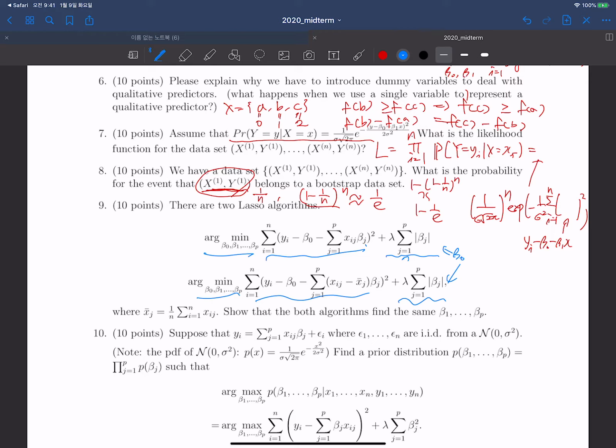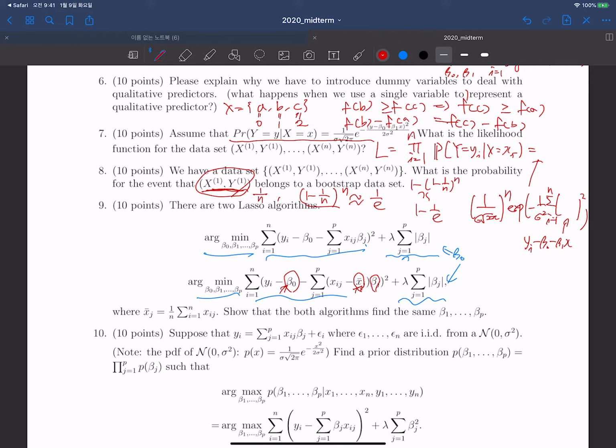In this sense, this x bar times beta can be cancelled out with a new definition of beta 0. So this additional constant, you can control using a new beta 0.